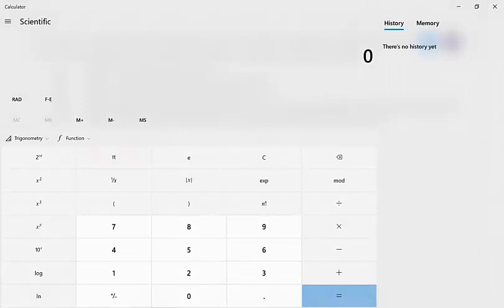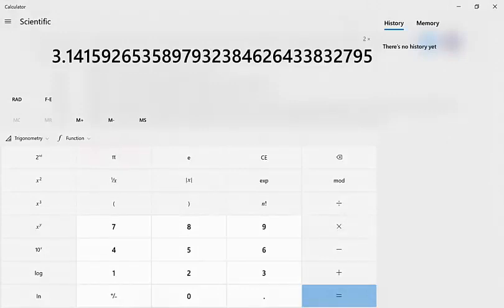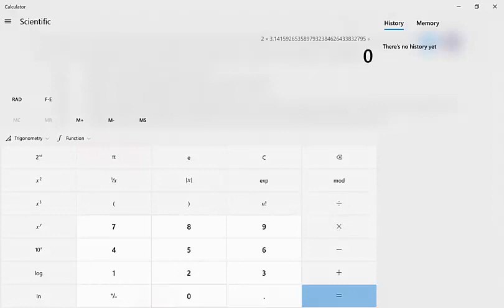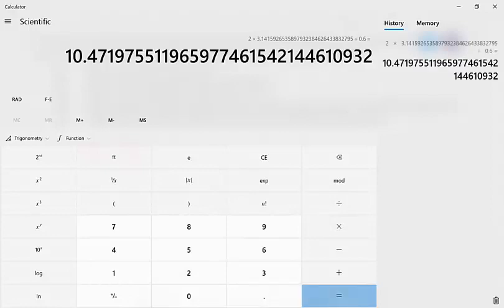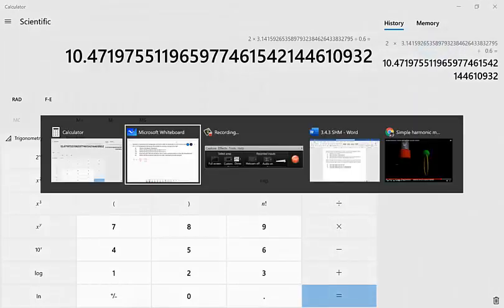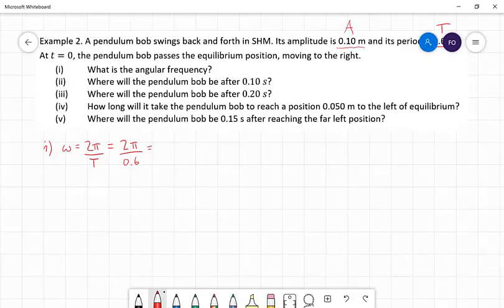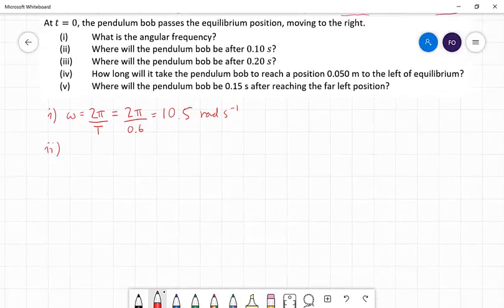So 2 times pi divided by 0.6 gives us about 10.5 radians per second. Okay, and then we are asked, where will the pendulum bob be after 0.1 seconds?